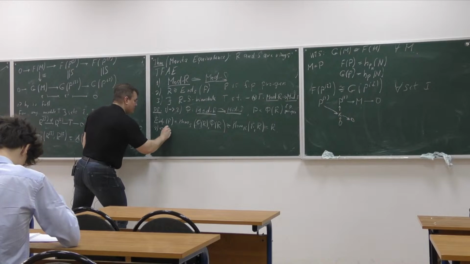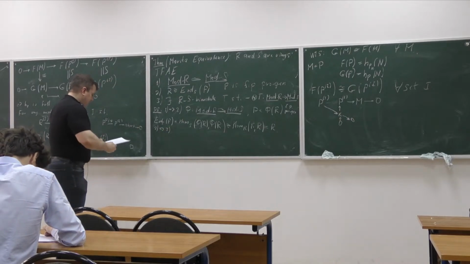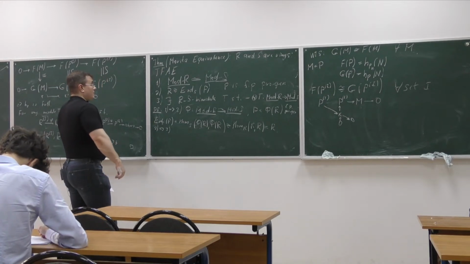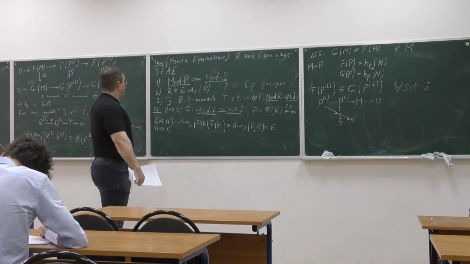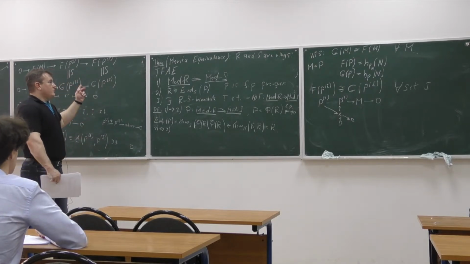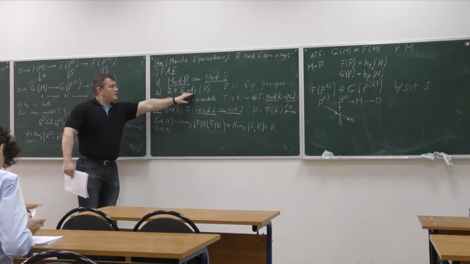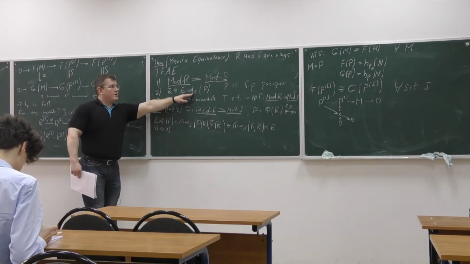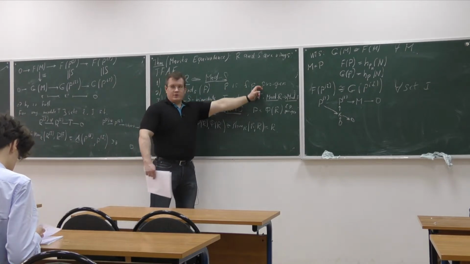Now 2 implies 3. Well, here we need a previous theorem, right? Because here we have a ring S. In the category of the right S modules, we have this finitely presented progenerator.